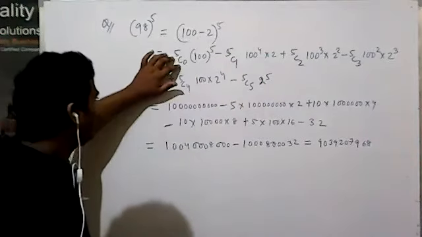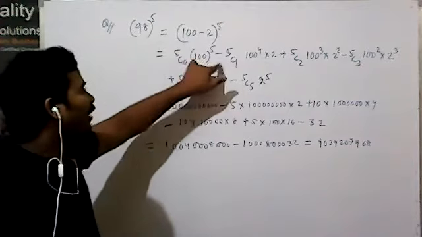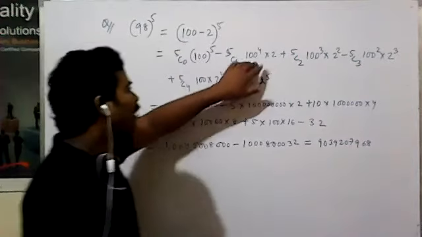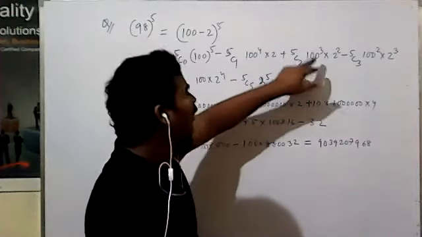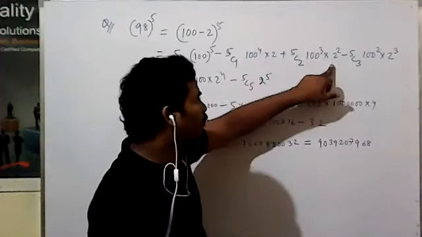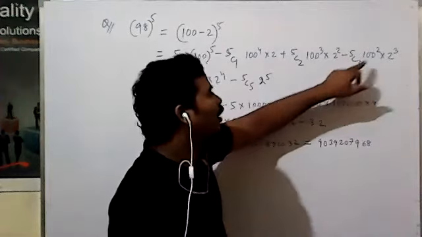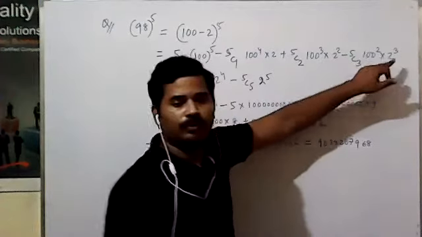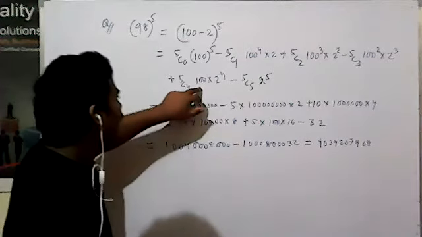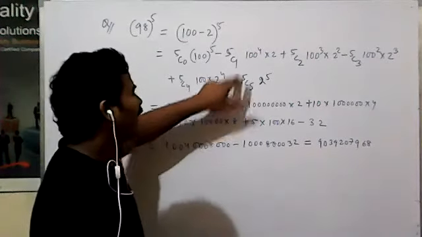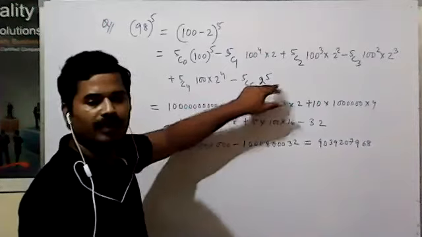Similarly, here 5C0 100 to the power 5 minus 5C1 100 to the power 4 into 2 plus 5C2 100 to the power 3 into 2 to the power 2 minus 5C3 100 square into 2 to the power 3 plus 5C4 100 into 2 to the power 4 minus 5C5 2 to the power 5.